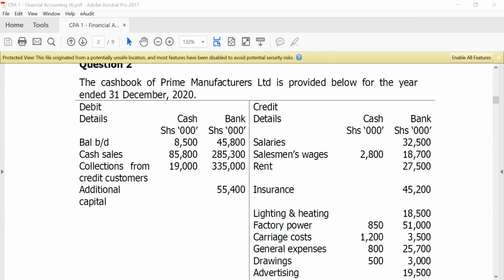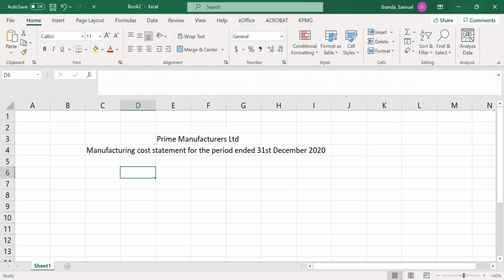So whenever we are starting, when it comes to the manufacturing cost statement, we start with our so-called raw materials. So I'll just give it the heading here, 3 zeros, like that. So we start with our raw materials.